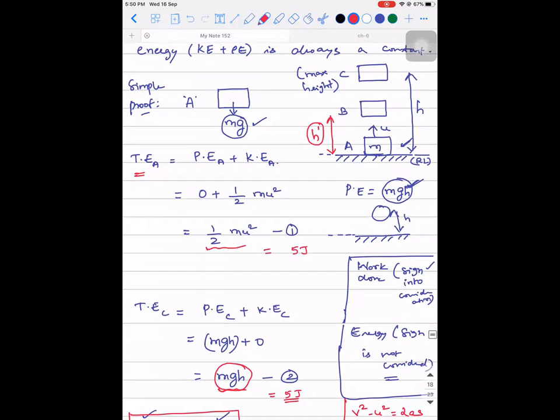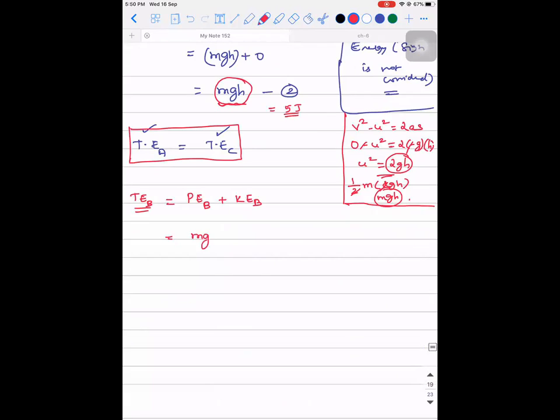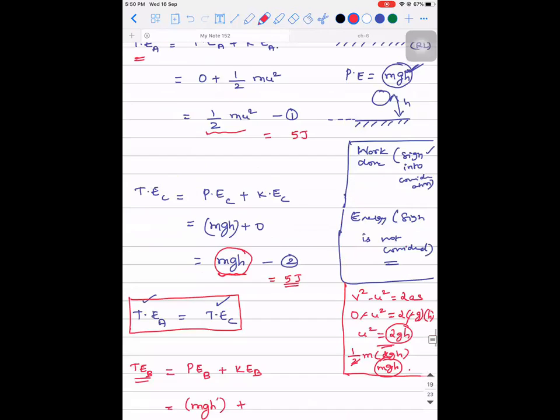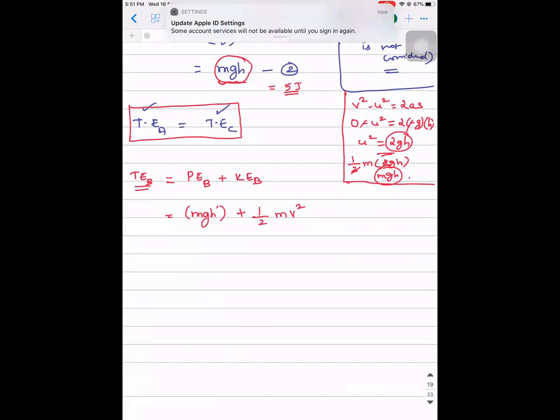With respect to the reference line, the object is at a height h dash, plus what is the kinetic energy at point B? It will be half m into v square. Accepted? So it is mg h dash plus half m v square.